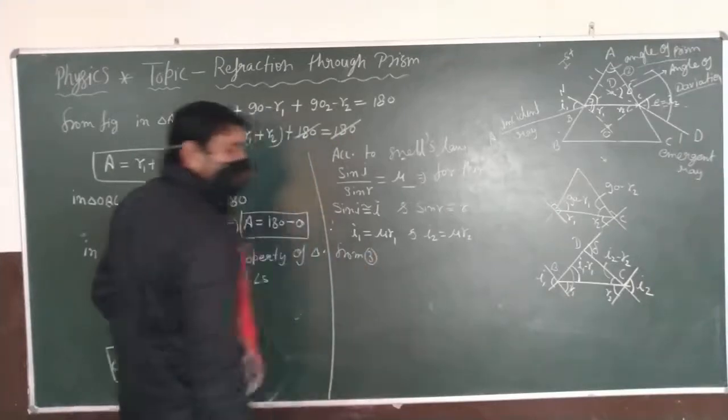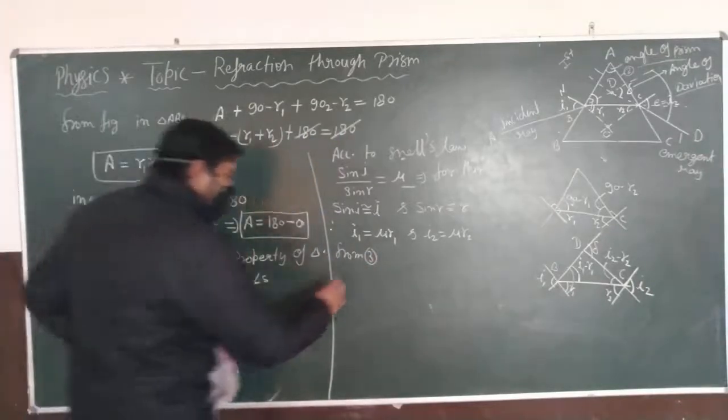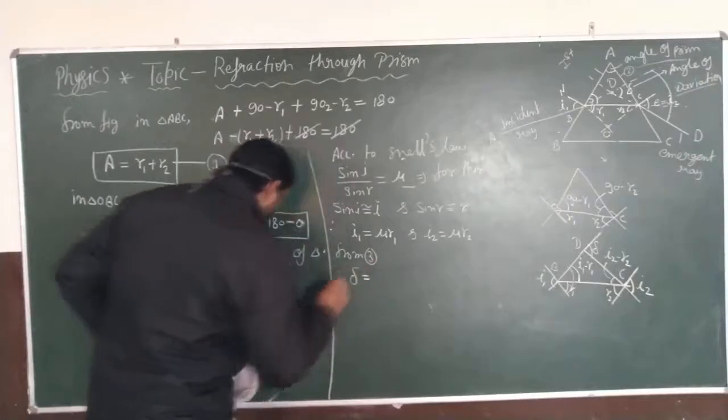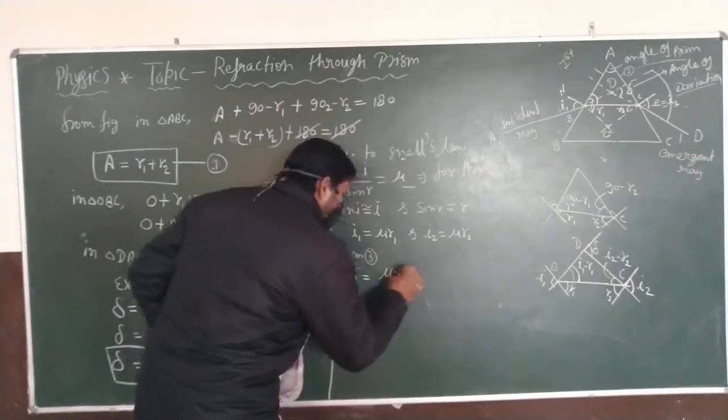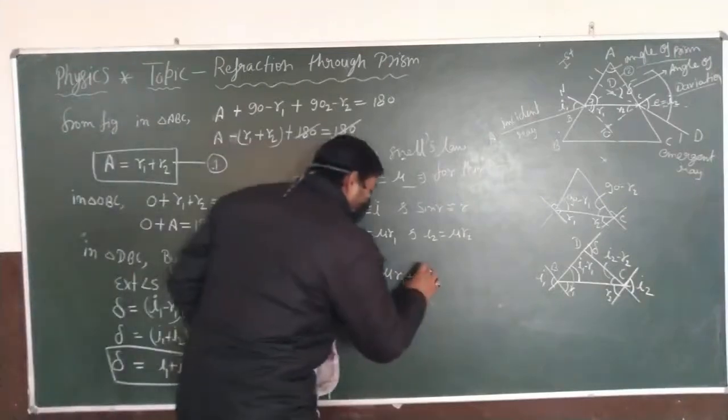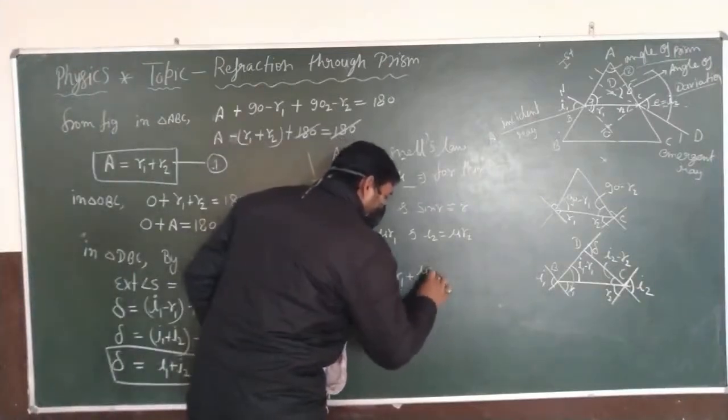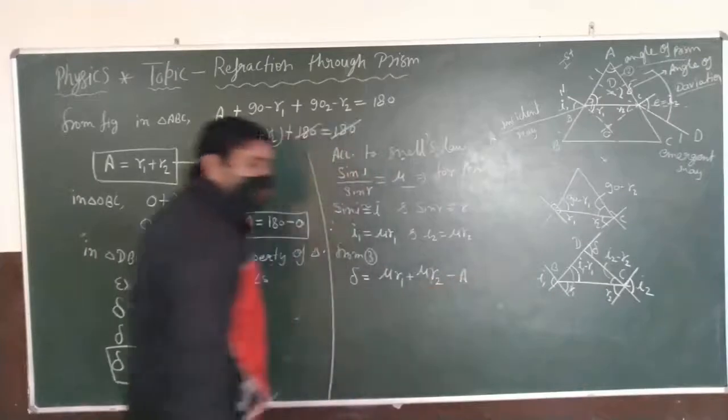Okay? So, by using these values in equation third, delta is equal to I1, which is mu R1, plus I2, which is mu R2, minus A. Clear?